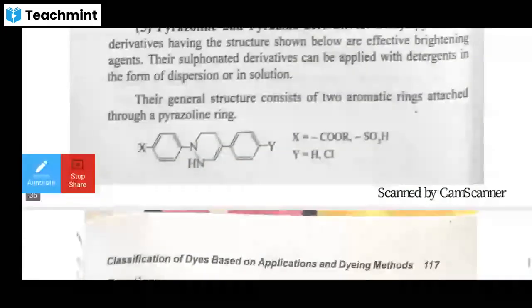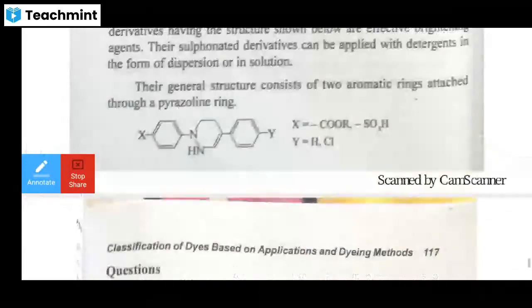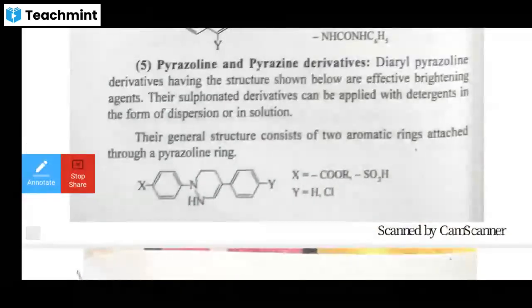The general formula is here, having the X group, and that X group may be C double bond OR or SO3H, because this has good brightening properties, and Y may be hydrogen or halogen atoms, chlorine atoms. It also has good brightening properties.